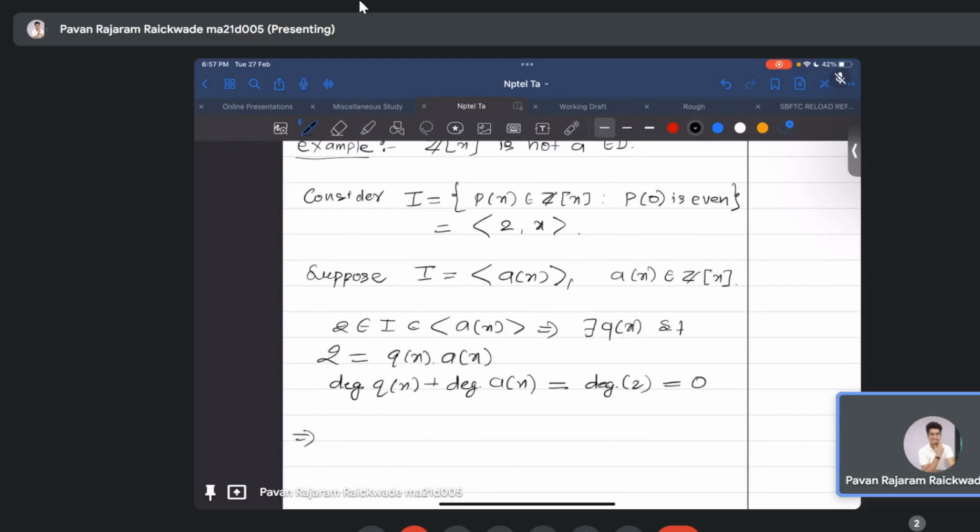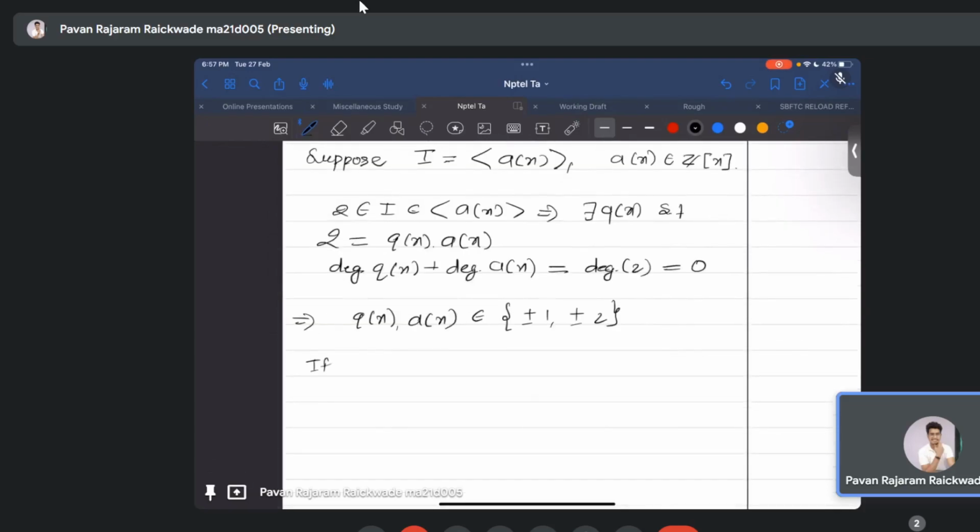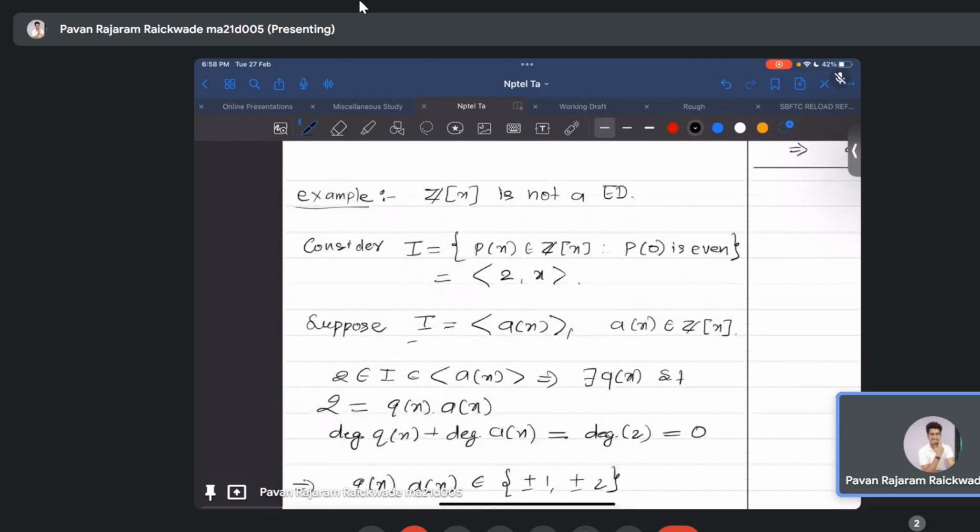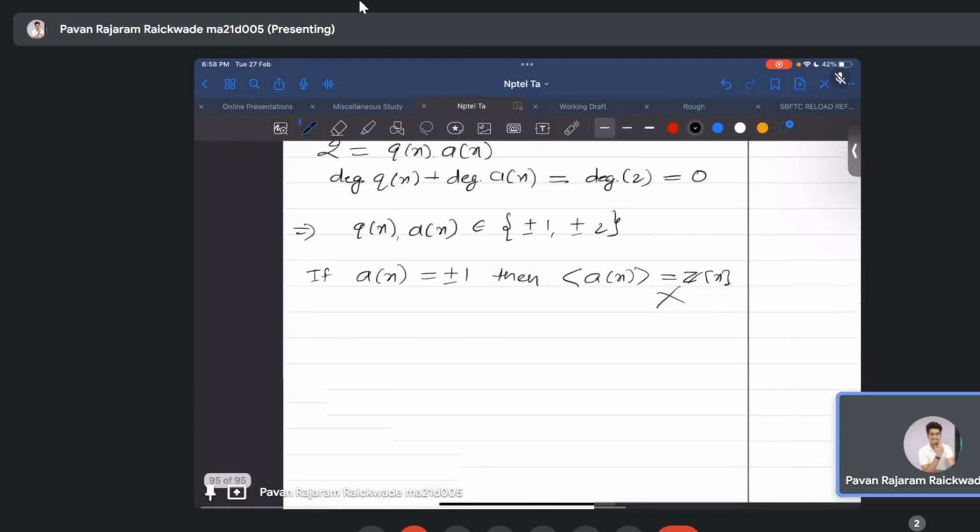Right? Which implies q(x) and a(x) both have to be constants, which should also belong to this set, plus or minus 2 or plus or minus 1. So if a(x) is plus or minus 1, then the ideal generated by a(x) is the whole Z[x], right? But this is not possible because this is I, the ideal consisting of all polynomials with even constant term. In Z[x] you can have polynomials with odd constant term, of course. So this is not possible.